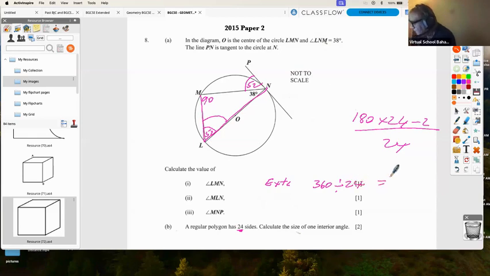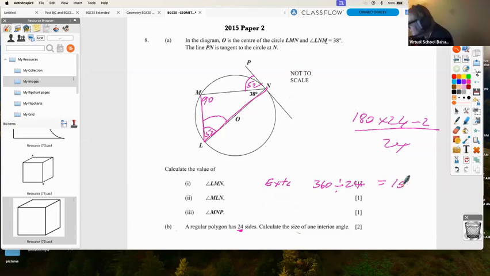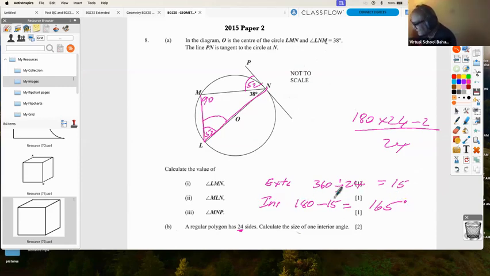What are we going to get there? 15. So this is one exterior angle, and now to find the interior angle, it is 180 degrees minus the 15 degrees. What are we going to get here? 165 degrees. That is the easiest way.